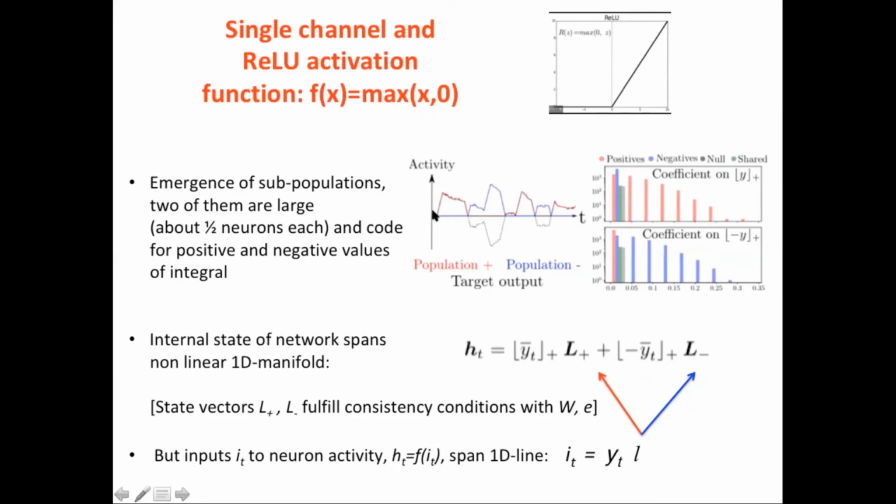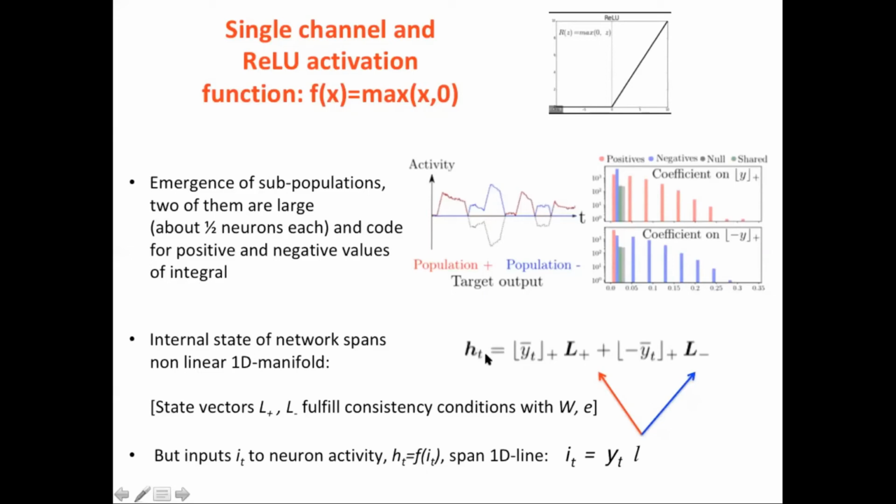And if you look at the target integral y of t, it coincides with the value of the red population, the plus population, when the integral is positive, and it's exactly minus the activity of the blue population when the integral is negative.